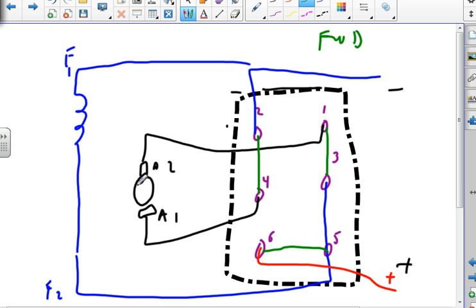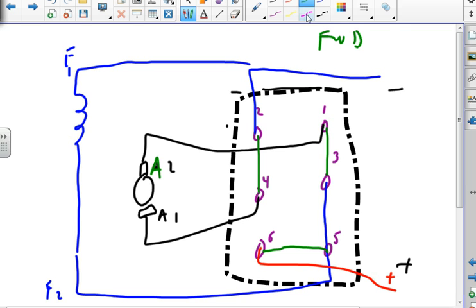So the field winding and the armature winding are both in parallel. So I'm negative to F1, negative to A1, positive to F2, positive to A2. Okay, so that's fine.